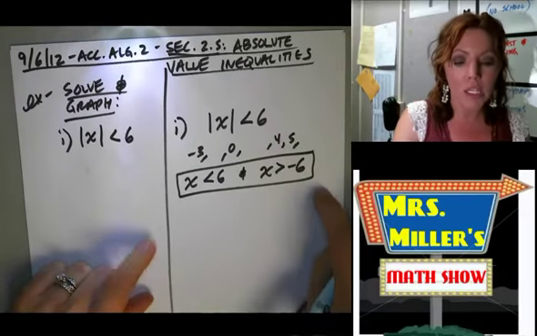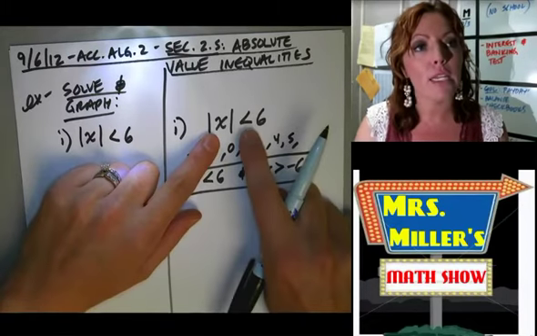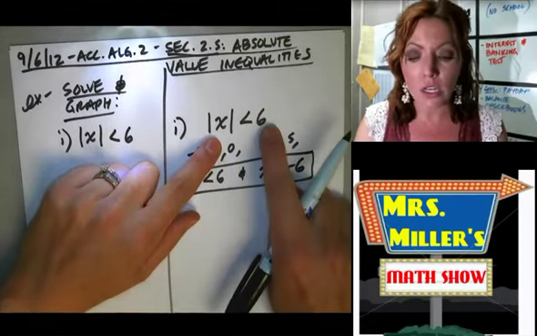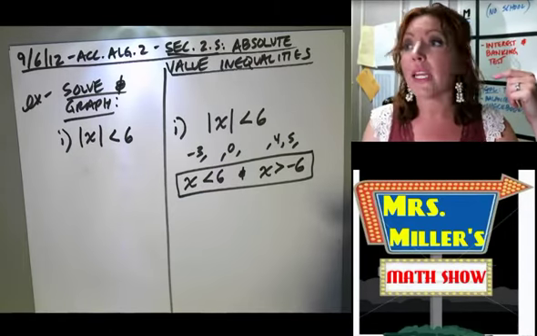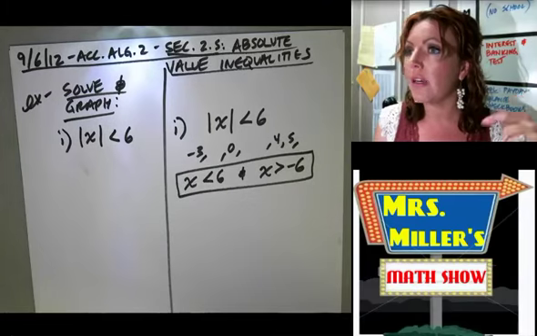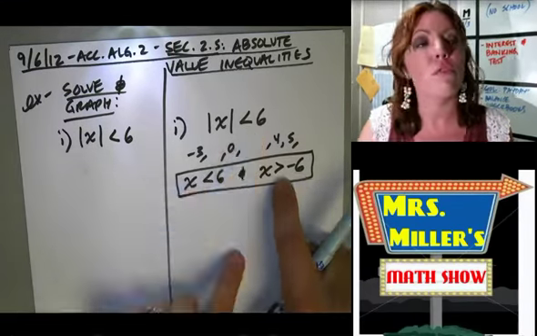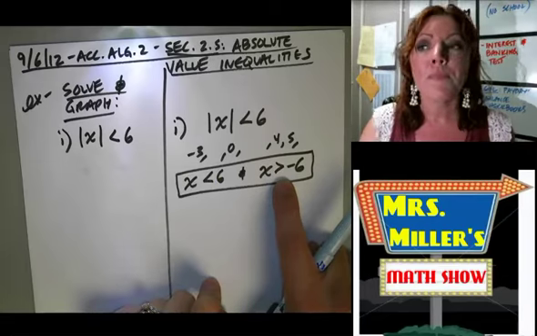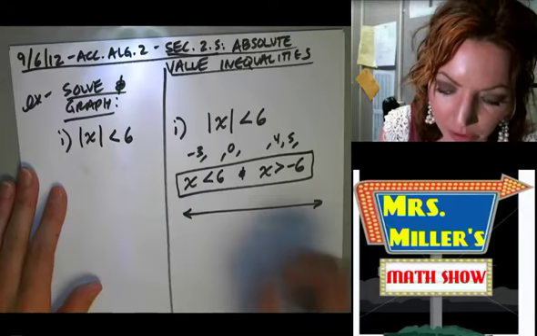Remember with absolute value equations, we didn't have the inequality there, but we said x could equal 6 or -6. But remember, when you multiply or divide by a negative, you flip the direction of the inequality. Keep thinking along those lines. We also ended up with -6, but we flipped the direction of the inequality. So that's really the only difference between what we've been doing over the last couple days and this.